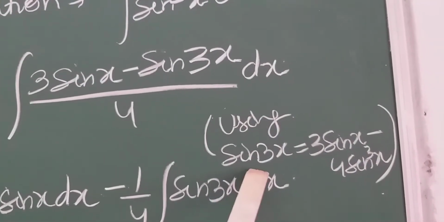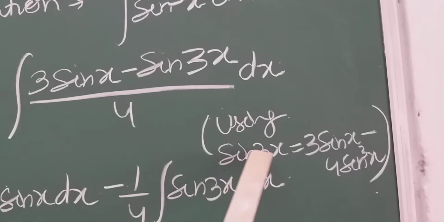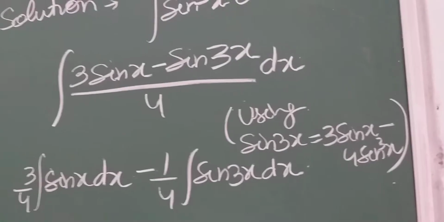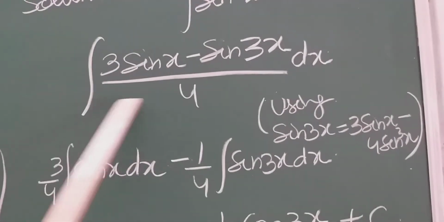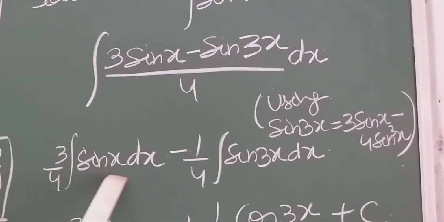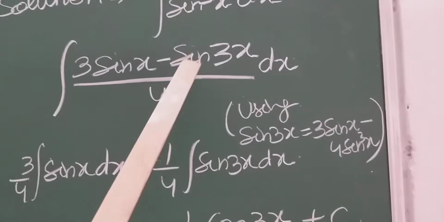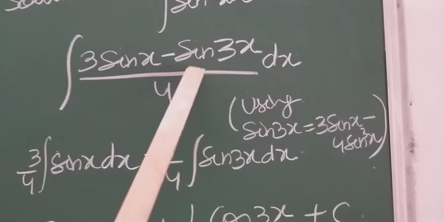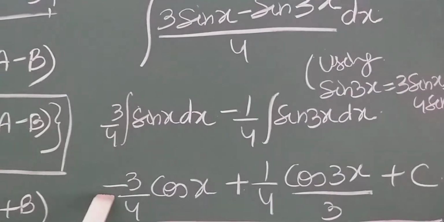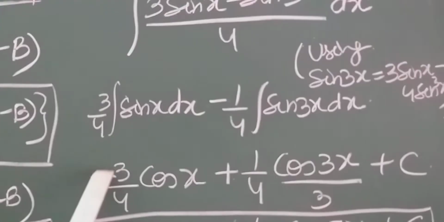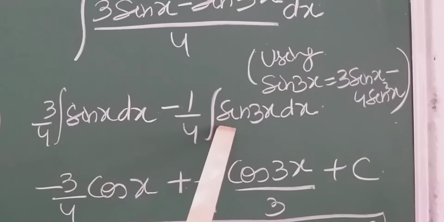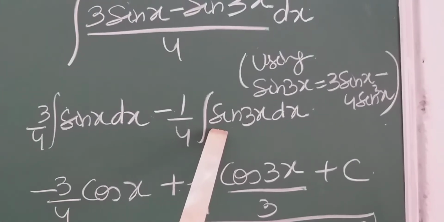Using the formula, we can write in the bracket sine 3x equals 3 sine x minus 4 sine cube x. Now we have to write separately, student. So it will become 3 upon 4 integration of sine x dx minus 1 upon 4 integration of sine 3x dx. Sine x integration is minus cos x, so minus 3 upon 4 cos x, and sine 3x integration is minus cos 3x upon 3.